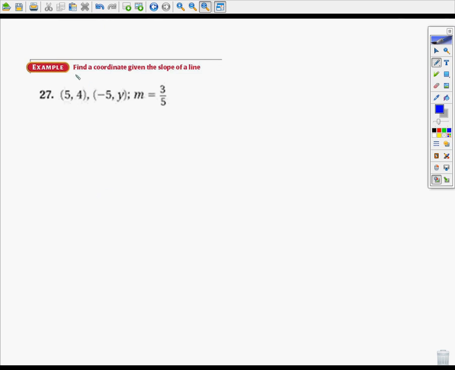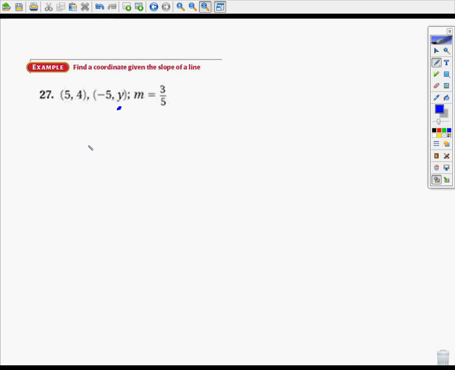Okay, the last type of problem is a little different. This time they're going to give you the slope and they want one of the missing coordinates. So they're telling you that this point, (5, 4), is on a line, and the point (-5, y) is on the same line, and that line has a slope of 3/5.